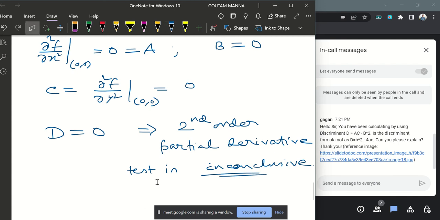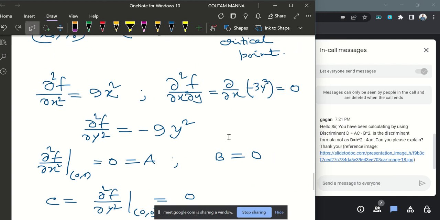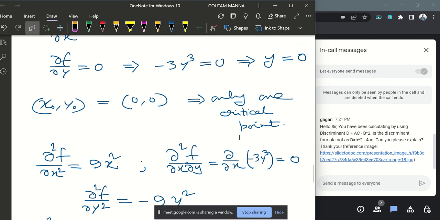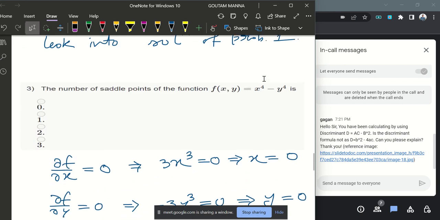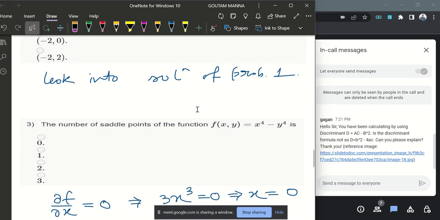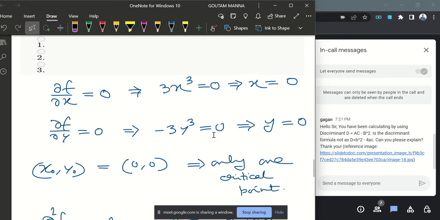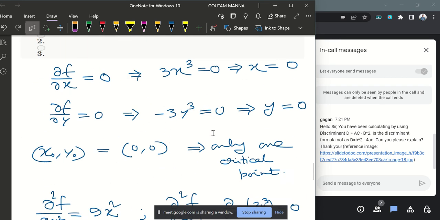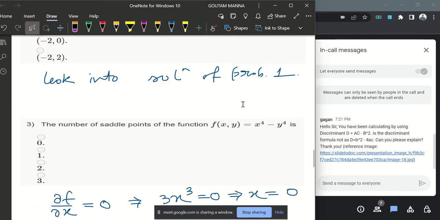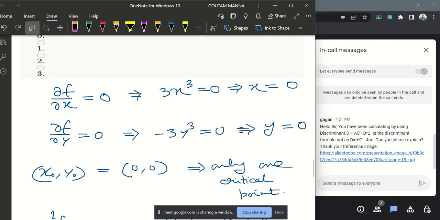So you cannot conclude anything from this second order partial derivative test directly. But you are still asked to find out the number of saddle points. So there is one way to check whether it is a saddle point or not.